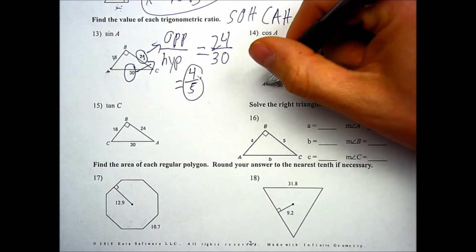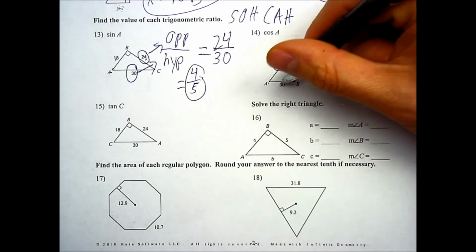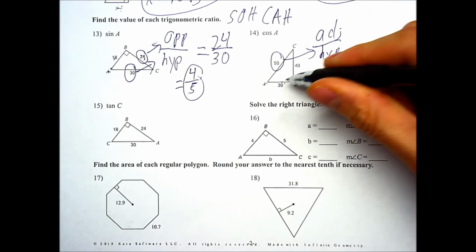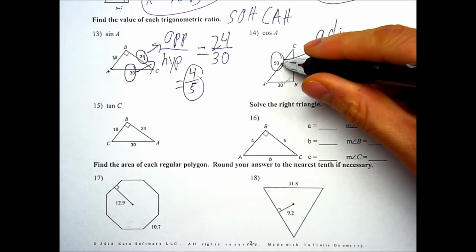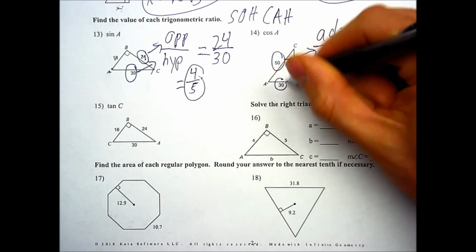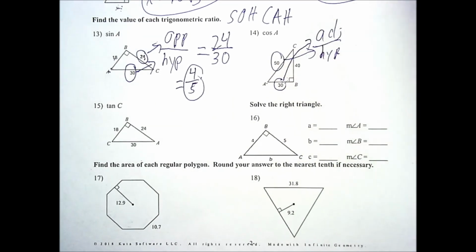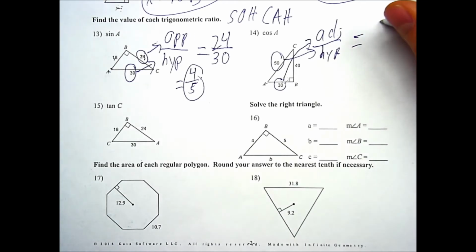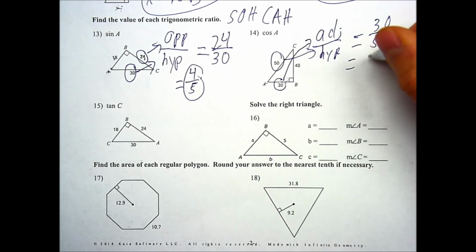So adjacent to A is the side that connects to A. 30 connects to A. And again, 30 is adjacent because it's not the hypotenuse. 50 I know connects to A as well. Yes, 50 connects to A, but it is the hypotenuse. It's the longest. Always identify the hypotenuse first, and then from there identify your adjacent and opposite sides. So this will be 30 over 50, which again divides by 10. This will be 3/5.